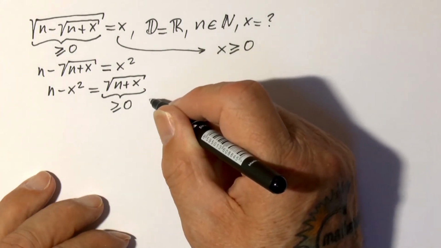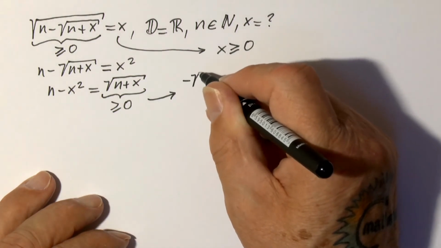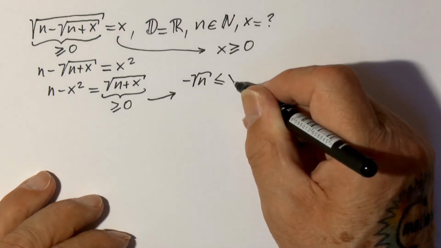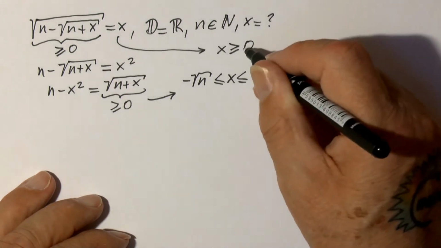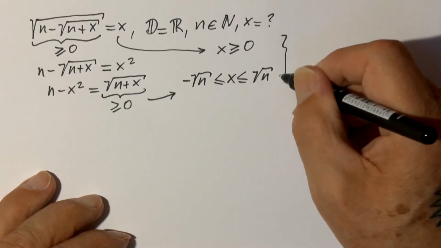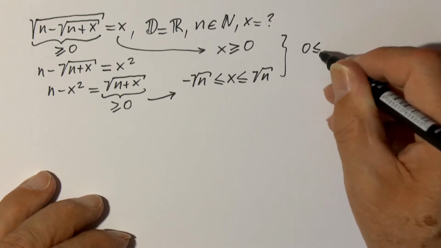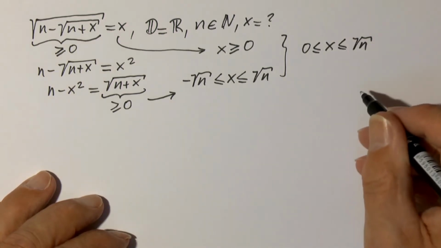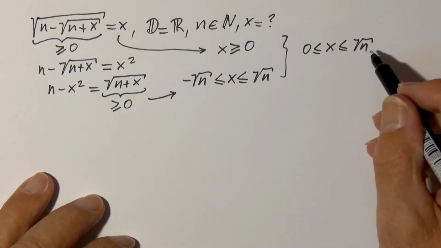This means that x is between minus square root n and square root n. But x can not be negative. So we have the following. So this is the range of x.